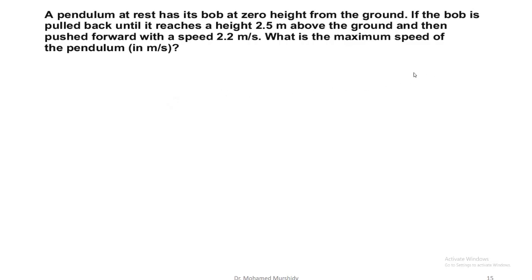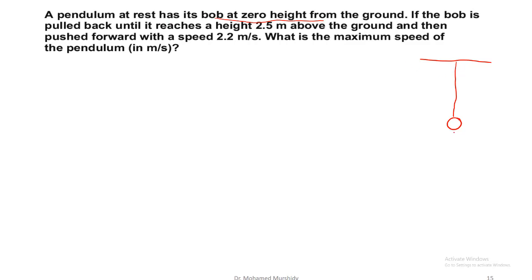So I will try to sketch it first. That's the pendulum. So at the beginning, as it said, the height is 0. The pendulum is at rest, has its bob at 0 height.